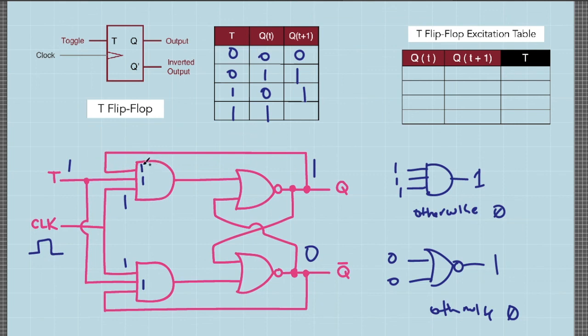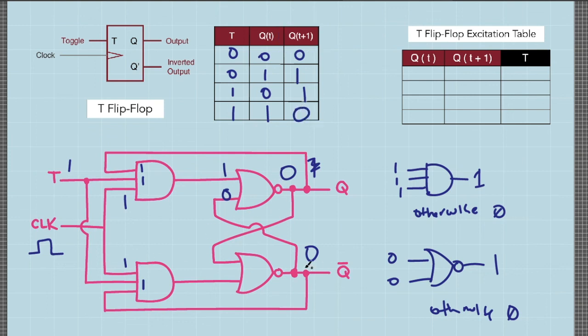Hence, this is also 1. Therefore, the output of this AND gate is 1. And since we have a 0 here, the inputs of this NOR gate are 0 and 1, and this will result in an output of 0. Hence, the new value of Q after 1 clock pulse is now 0.